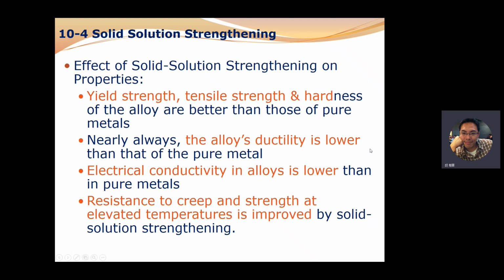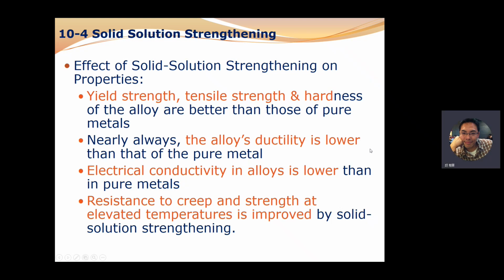So in the casting aluminum alloy, the aluminum content is about 60 or 70%. Therefore this alloy's thermal conductivity is much lower than pure aluminum. However, we cannot use pure aluminum because the mechanical strength is not strong enough. So we have to find a balance. We need stronger strength, and we also need high thermal conductivity.